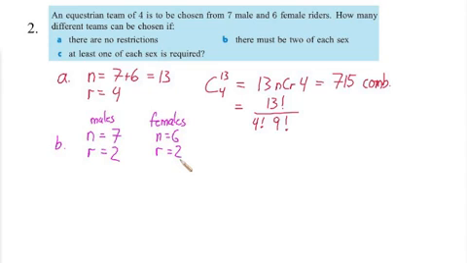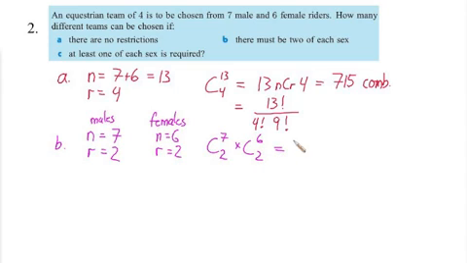The way to calculate the total number of combinations is using the product principle. So I'm going to set up the expression like so. C with a 7 in the superscript and a 2 in the subscript times C with a 6 in the superscript and a 2 in the subscript.